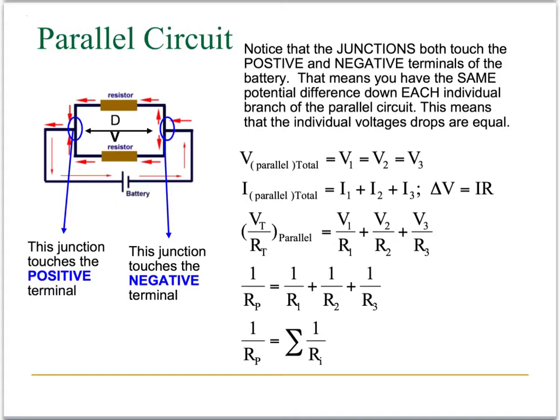We say that this is the reciprocal sum of the resistors. If you don't remember, this symbol is sigma, which is a Greek letter that means add.